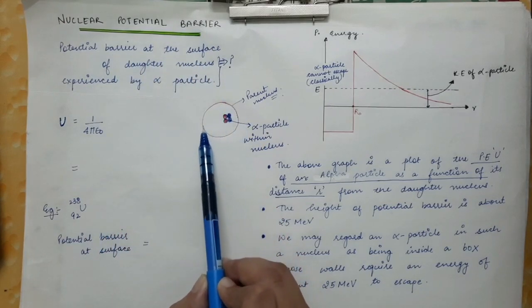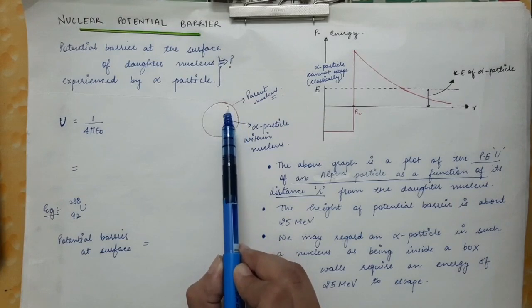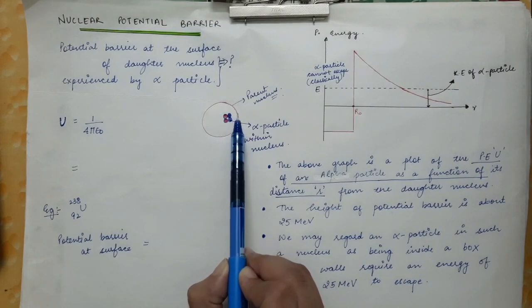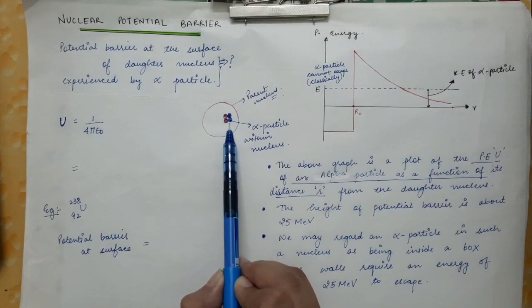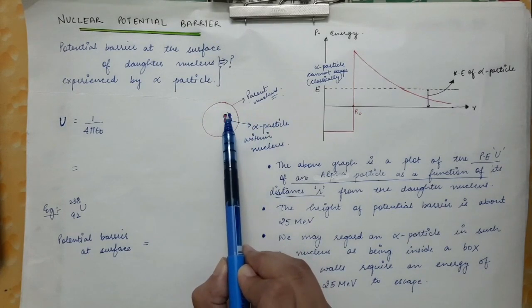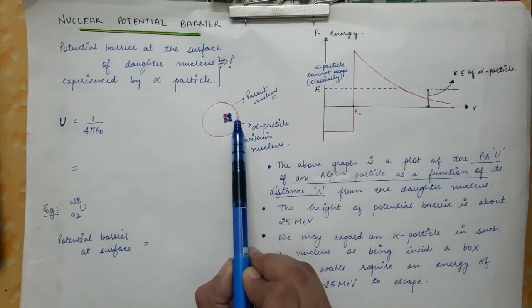At the surface of this nucleus, what is the potential barrier? Because that potential barrier has to be surmounted by this alpha particle. For this alpha particle to get emitted by this nucleus, it must escape the potential barrier.